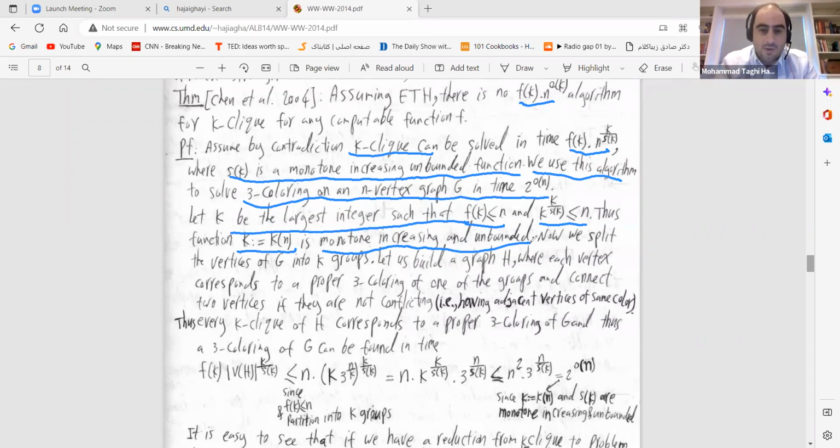Now, what do we want to solve? We want to solve 3-coloring on an n-vertex graph G. So a graph G is given to you.